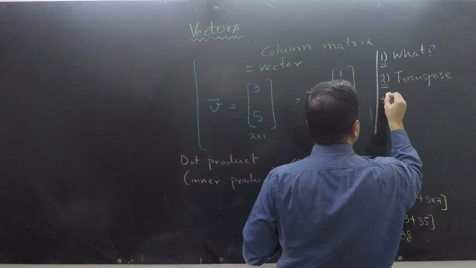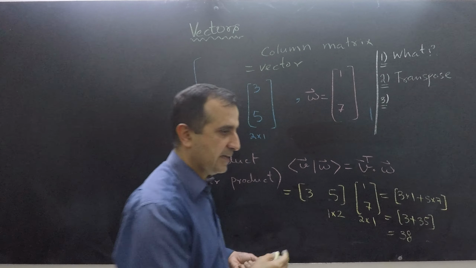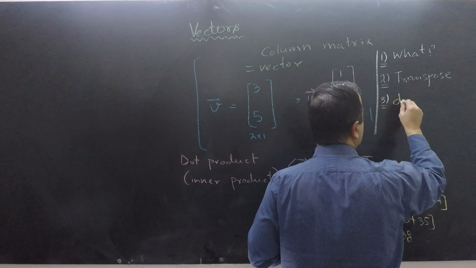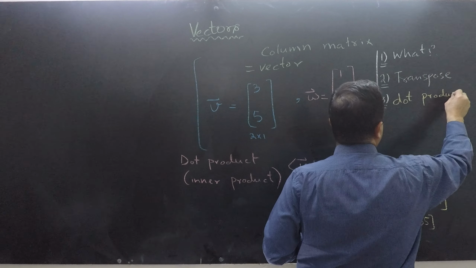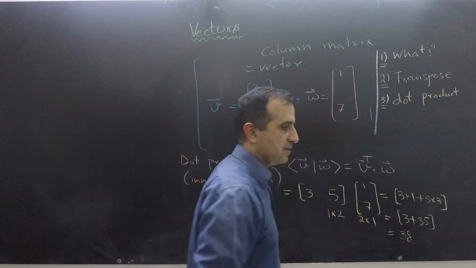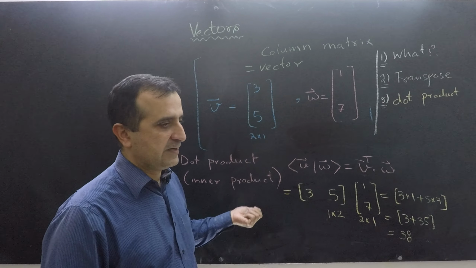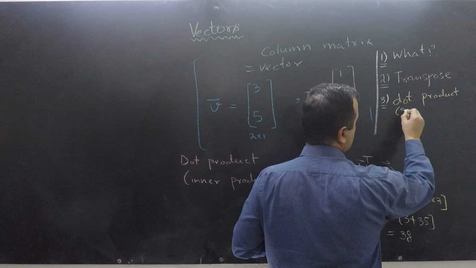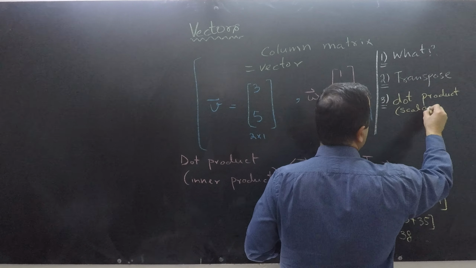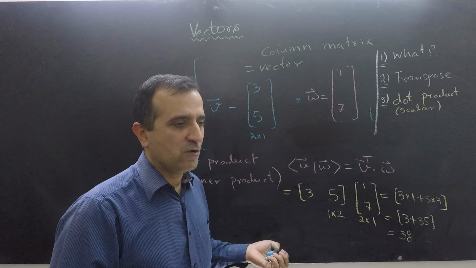Third, we know how to find the dot product of vectors, right? The dot product is for vectors, and the dot product's answer is a scalar, which is basically a number. So far we know these things.